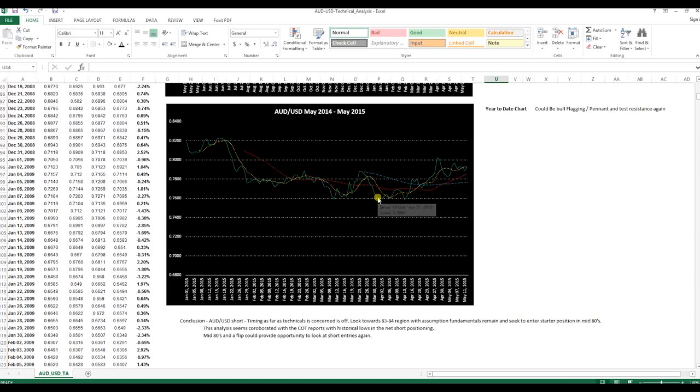So that chart is on its lows in the extremes, and the sentiment was so bearish that Aussie dollar, US dollar actually started to rally. And we saw that in the COT reports in March, and look what happened. We would have been actually right to sit back and wait.